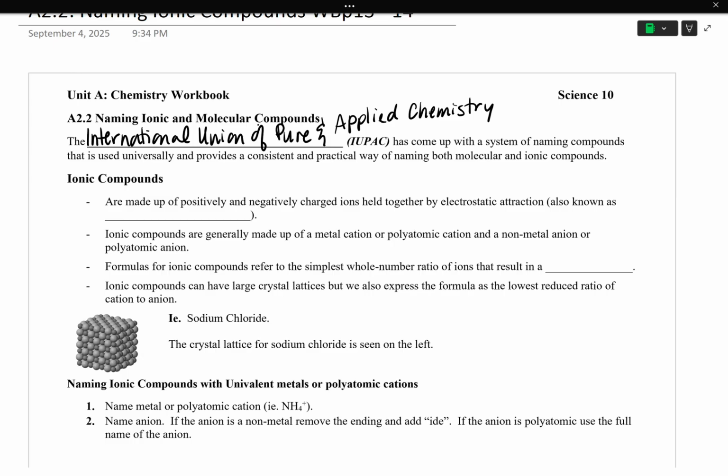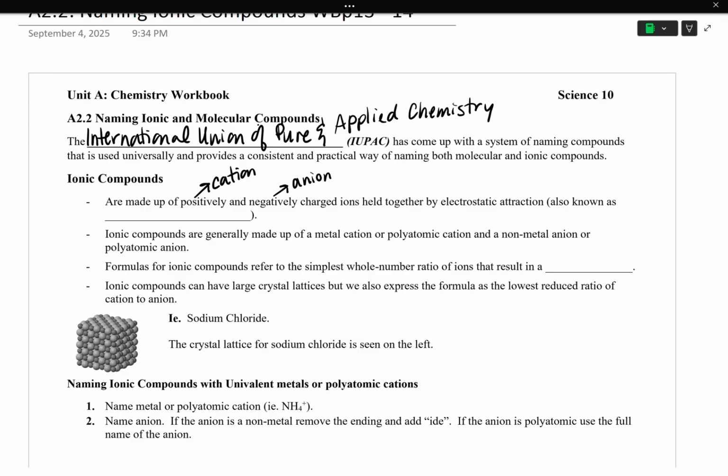So before we get into naming ionic compounds, we first have to think about what an ionic compound is. Yesterday when we were doing those ion diagrams, we were looking at positive cations and negative anions. When atoms want to become stable, they will gain or lose electrons. When they become positively charged, that is a cation. And when they become negatively charged, that is an anion.